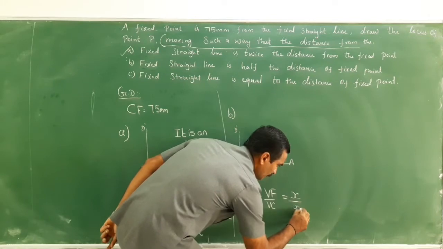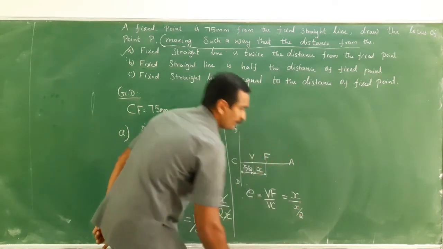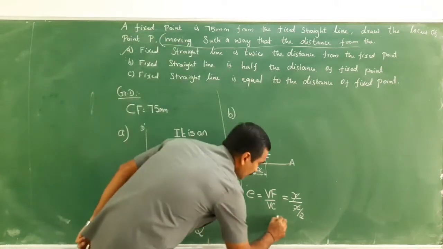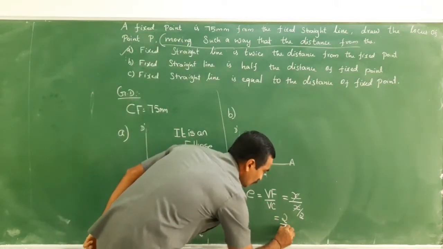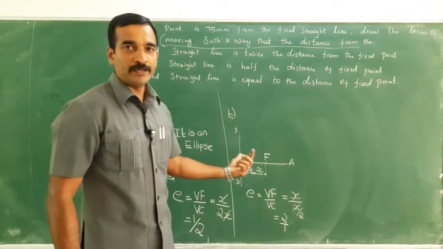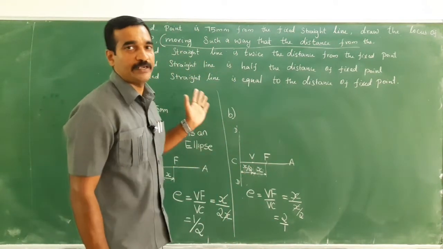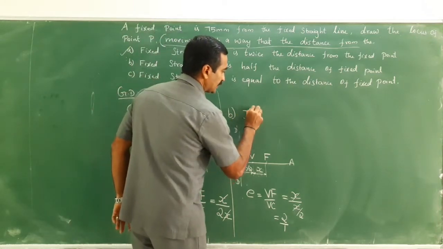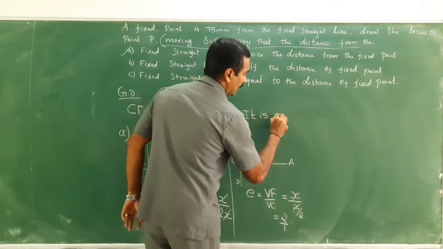So therefore, x by 2, x gets cancelled here. 2 by 1. So E is greater than 1. Therefore, this curve could be a hyperbola. So this curve is a hyperbola.